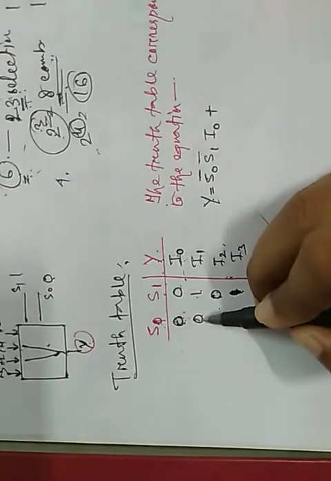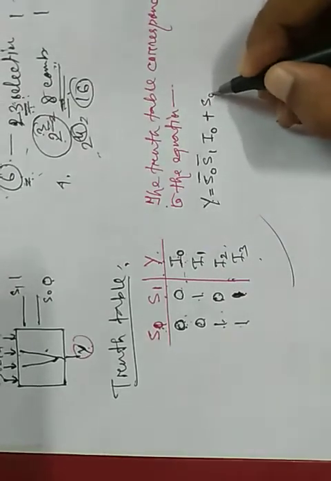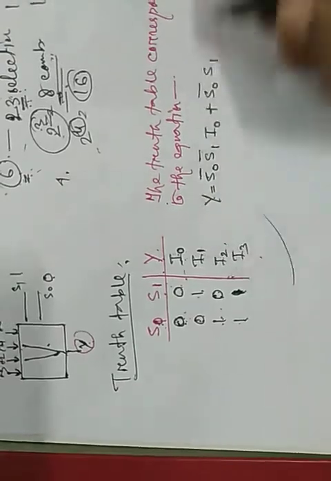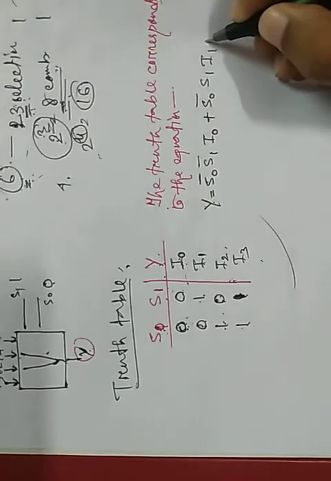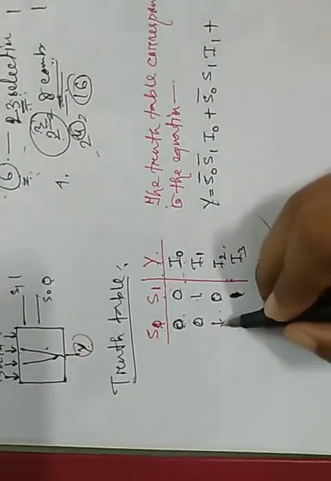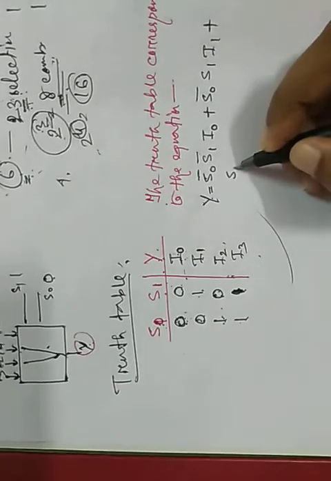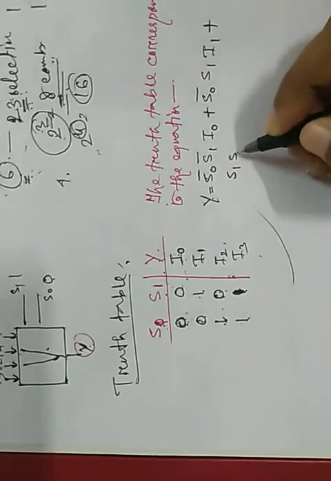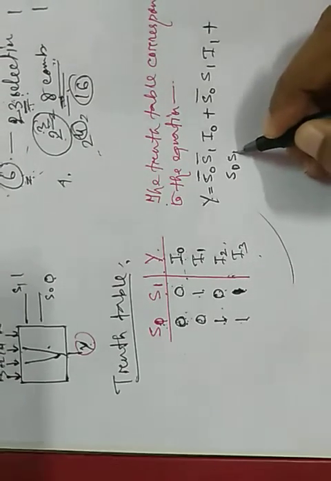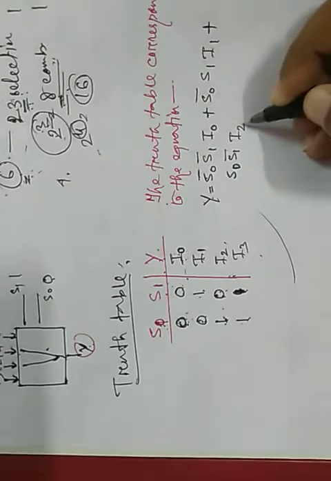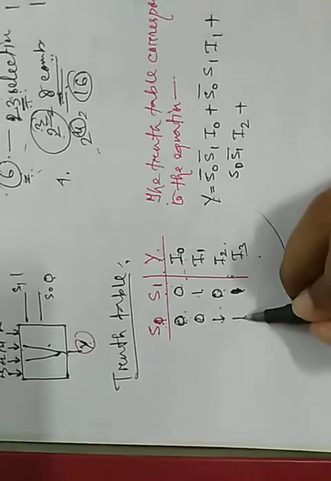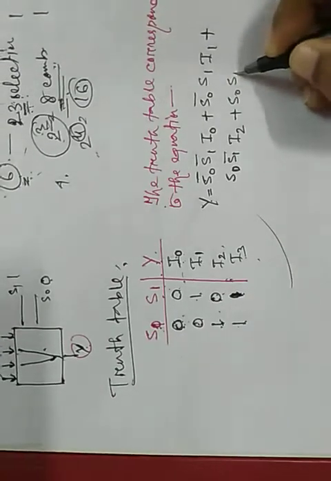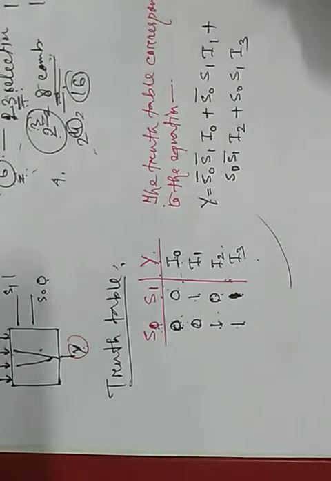Then S0 bar, S1 and I1, plus S0 S1 bar I2, plus I3 means 1 1, so S0 S1 I3.